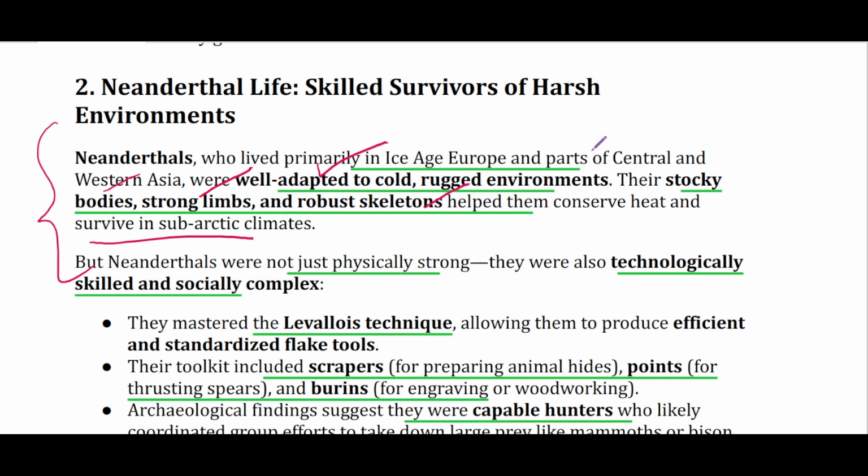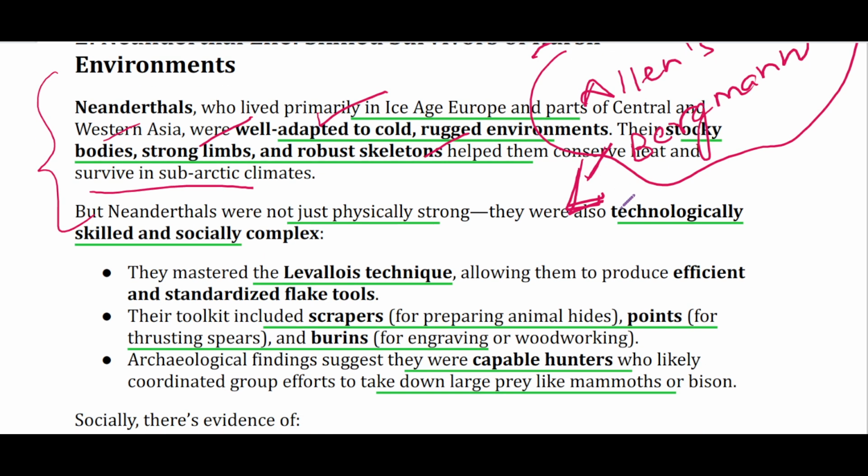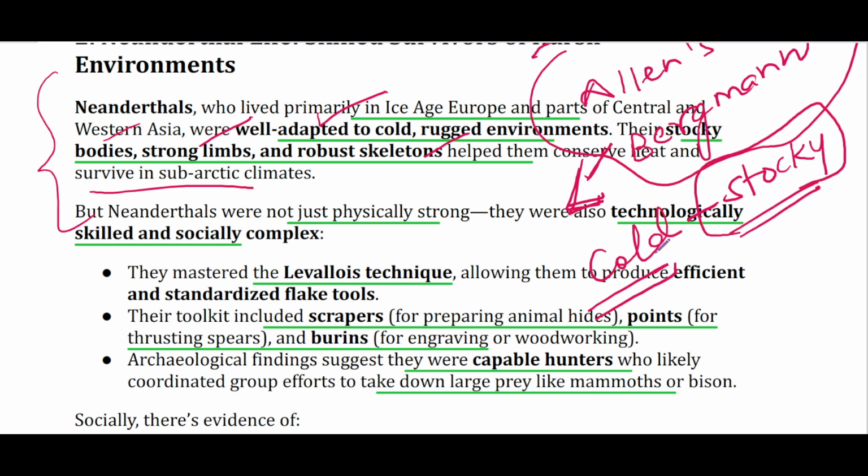Now, this principle you might have heard about: Allen's and Bergmann's rule. Allen's and Bergmann's rules are about the physical bodies of organisms that live in cold and hot environments. First, Bergmann's rule says that animals that live in cold environments usually have stocky bodies so as to conserve heat. And those in hot environments will have leaner frames so that heat can dissipate easily.